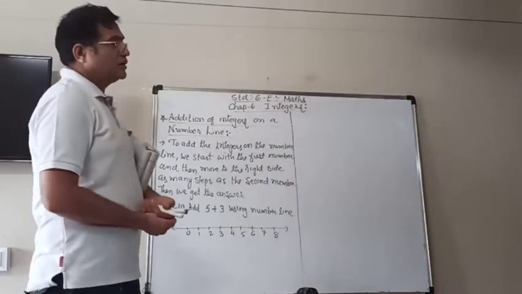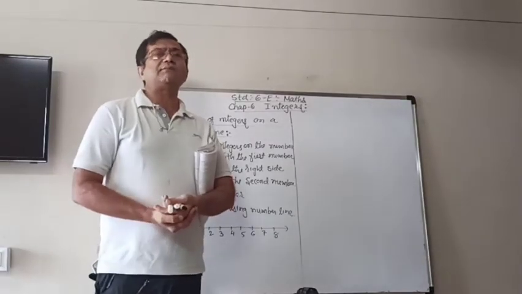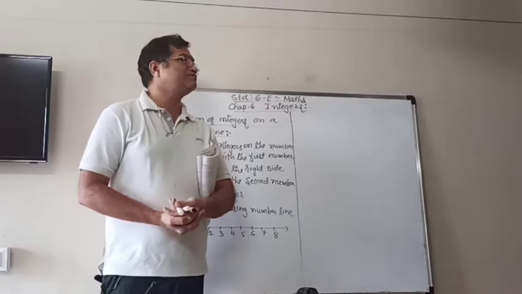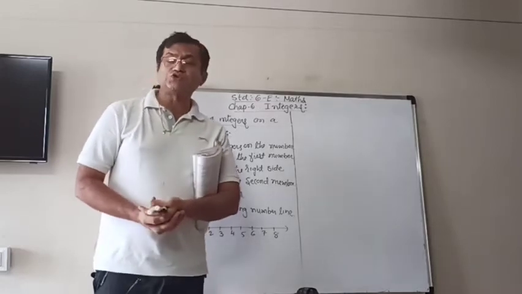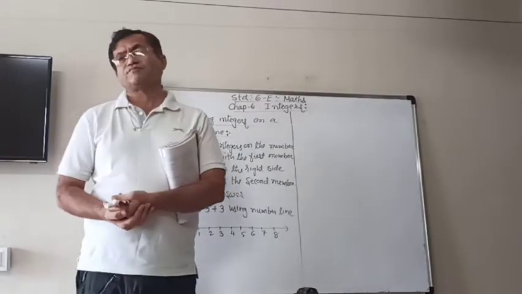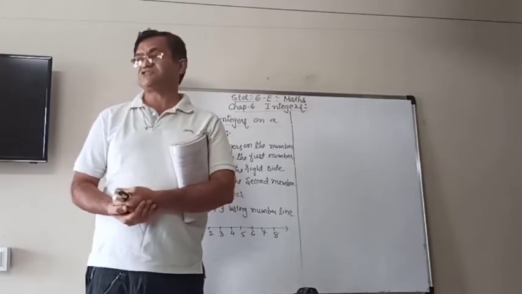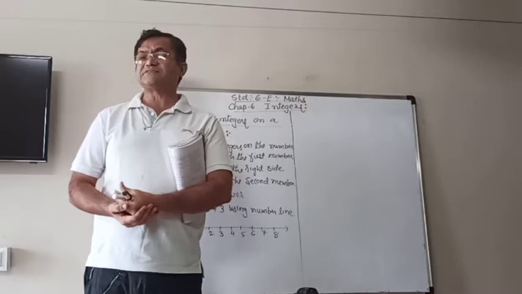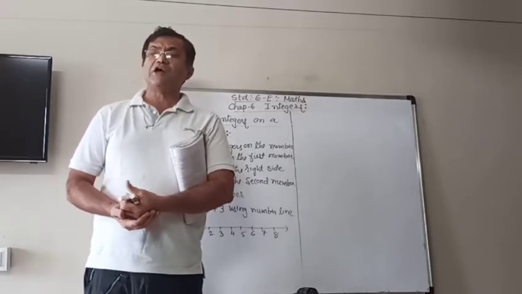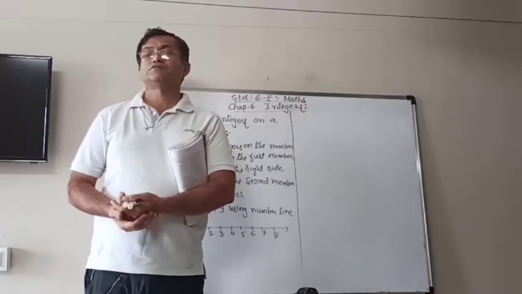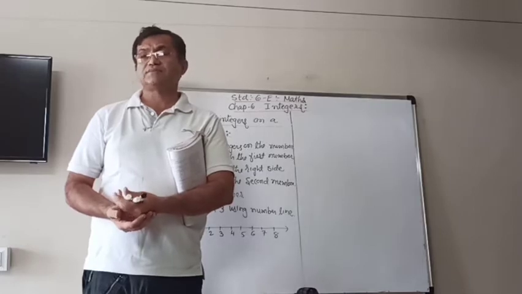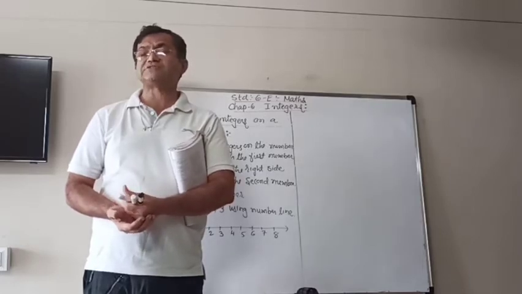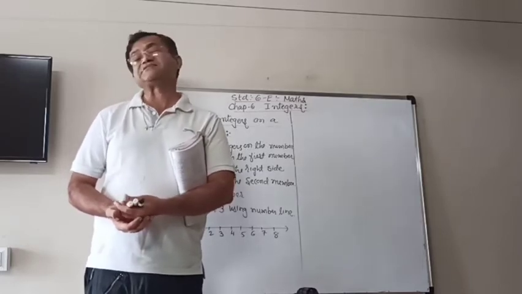So here we have to remember that first of all, when we add the two integers, we have to start from the first number, and to add the second number, we have to move to the right side as many places as the second number is.